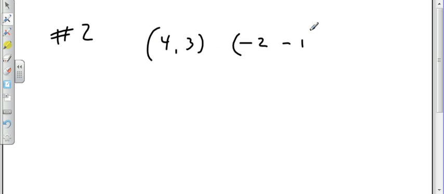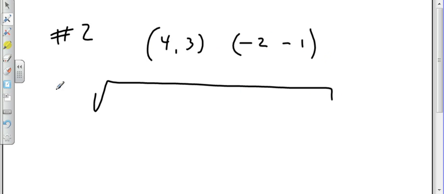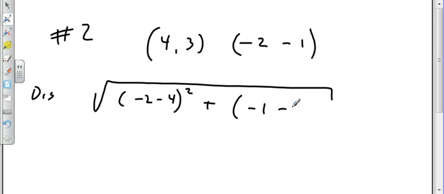All right. So we'll look at number 2. And we have 2 points: 4, 3 and minus 2, minus 1. And we want to find the distance between them. Okay, so I'm going to take x1 minus x2 squared, plus y1 minus y2 squared.